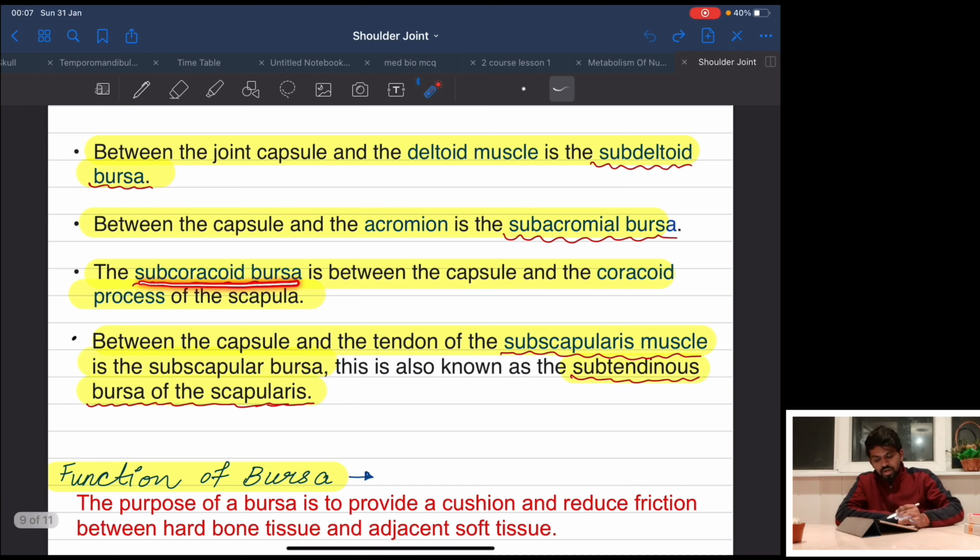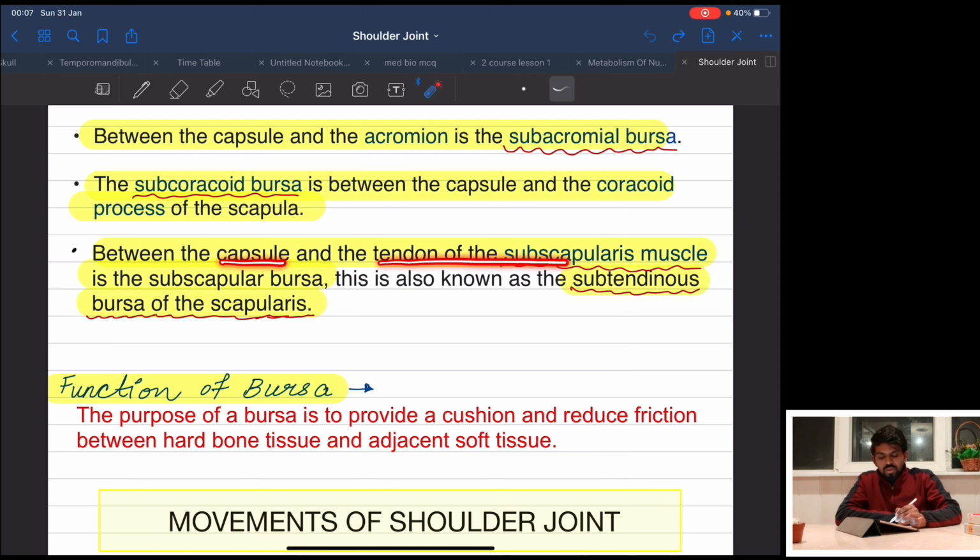The subcoracoid bursa is present between the capsule and the coracoid process of the scapula. The last, the subscapular bursa, is present between the capsule and the tendon of the subscapularis muscle. This bursa is also called the subtendinous bursa of the subscapularis.